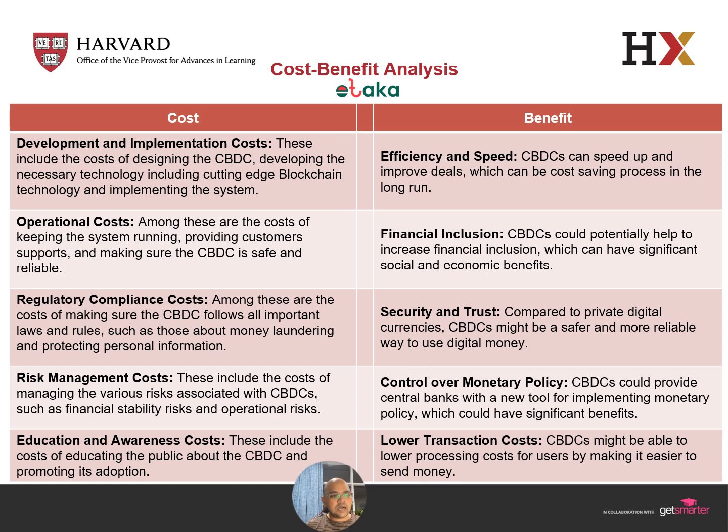So the development and implementation cost is there, but the more development and implementation cost we put in, the more efficiency and speed we will get, because we believe good things are not cheap and cheap things are not good. Operational cost: the benefit will be financial inclusion.